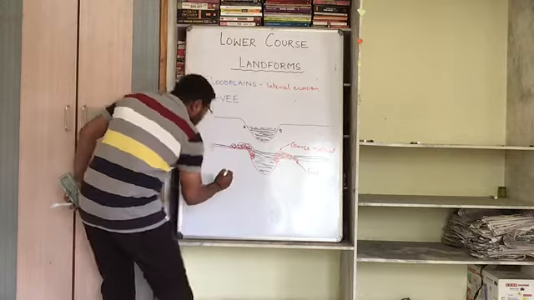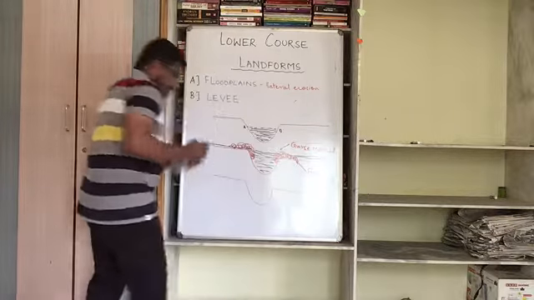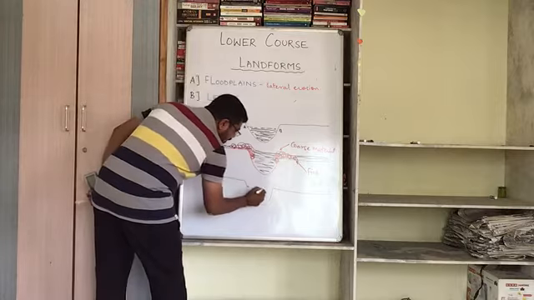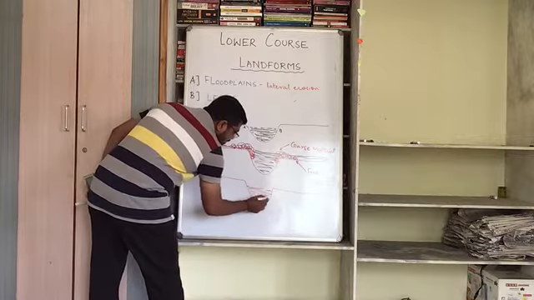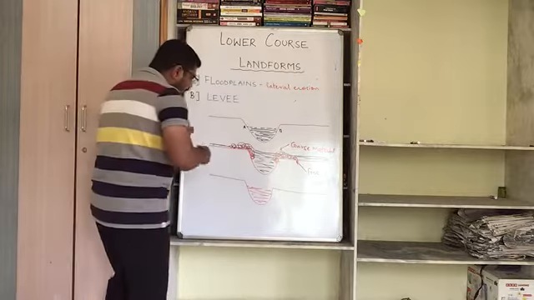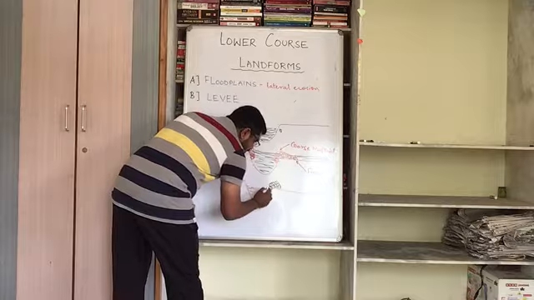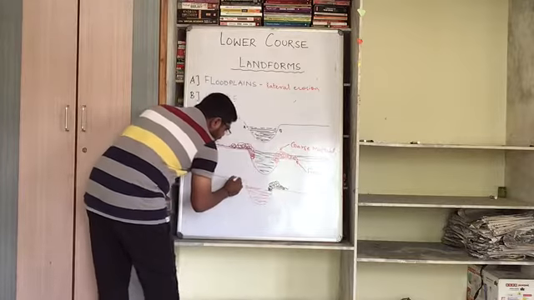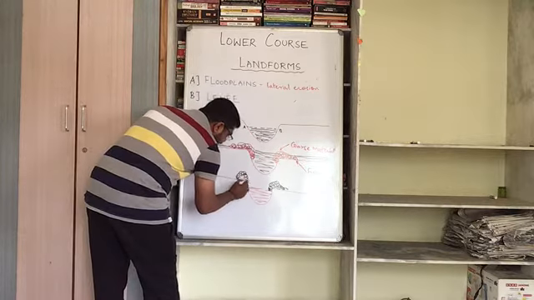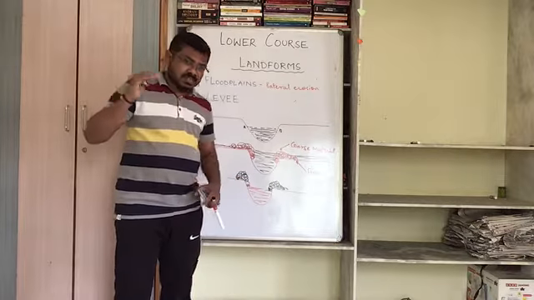Now in the third diagram, the river water has receded back into the river valley. The water has receded back, but this region has the deposition of sediments. So you can see the height of the bank is increased.